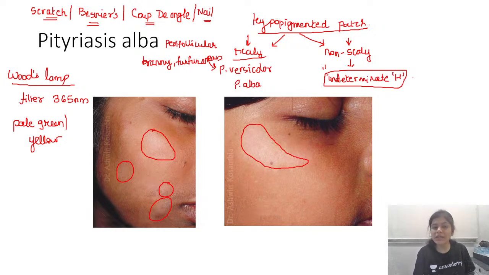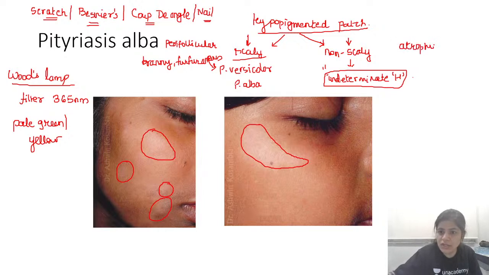Please remember, in indeterminate Hansen's disease, the lesion will be hypopigmented but non-scaly. The lesion will have normal sensation, normal sweating, and there will be no nerve to the patch palpable. There will be no thickened nerves palpable. Okay. On examination, if you do it very minutely, you will see the presence of atrophy. So atrophy is something that you see very commonly in indeterminate Hansen's disease.